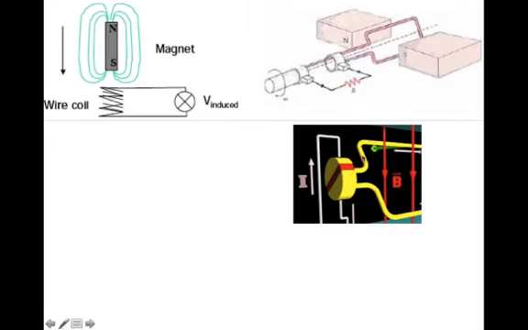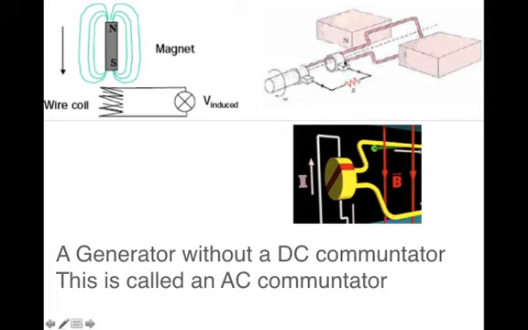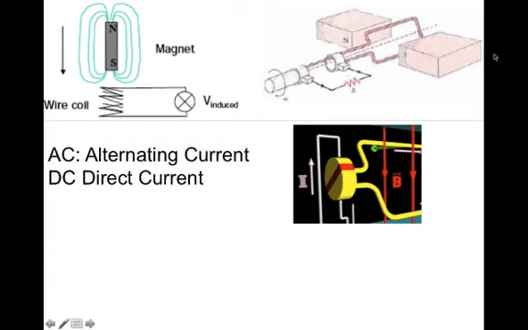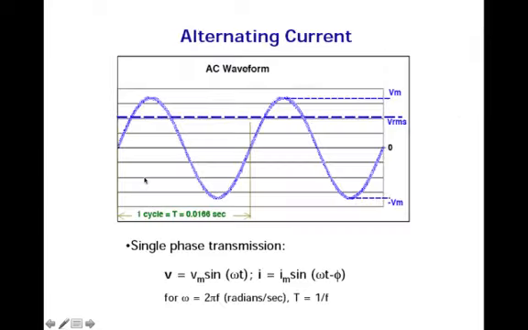What if we don't have a DC commutator where the wires change contact every half turn? What if we keep one wire connected all the time? Then as this goes around, it's going to force current back and forth. And so when we look at the voltage on this resistor, on this light bulb or whatever it is, it will be alternating current back and forth, as opposed to DC, direct current that we get from a battery.